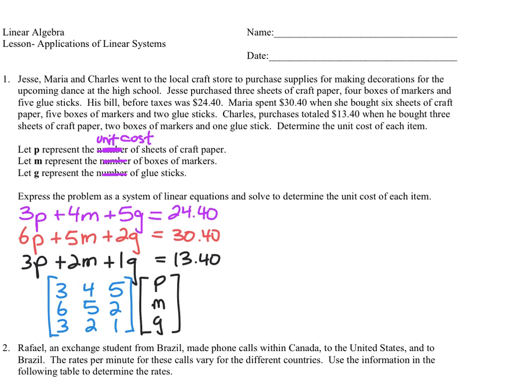And you can verify through the multiplication process. If I take this row, multiply it by that column, 3 would get multiplied by P, 4 by the M, 5 by the G, all added together. That would give us this. It should result in the total cost vector.